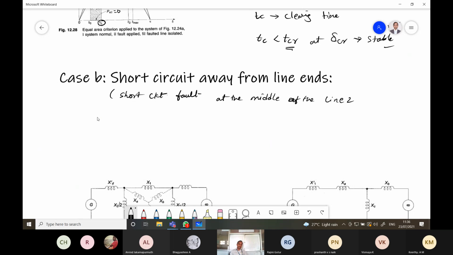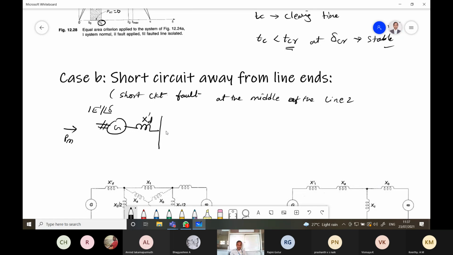The same line we will consider, with a generator with XD dash. The mechanical power input is given here, EM, and because of this the EMF will be generated at an angle delta.